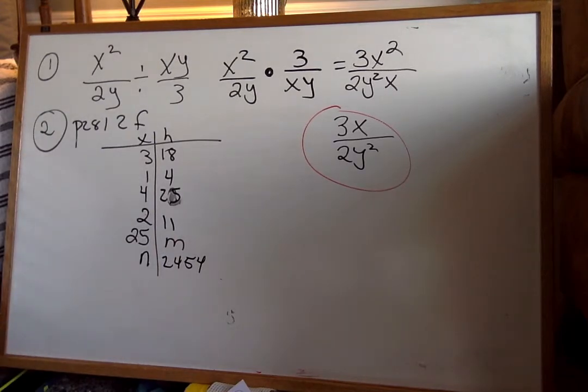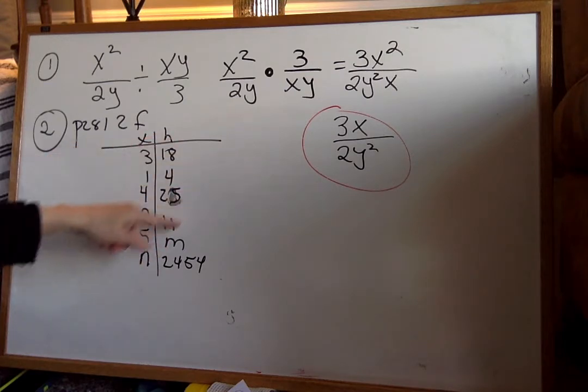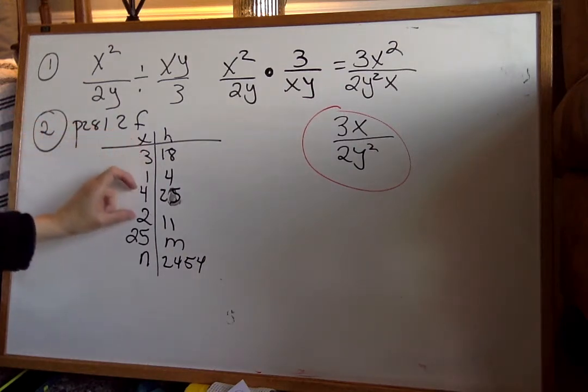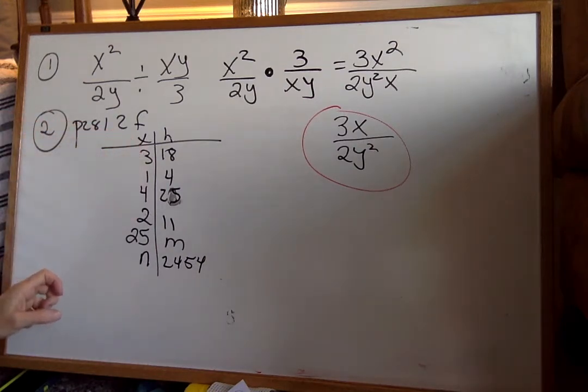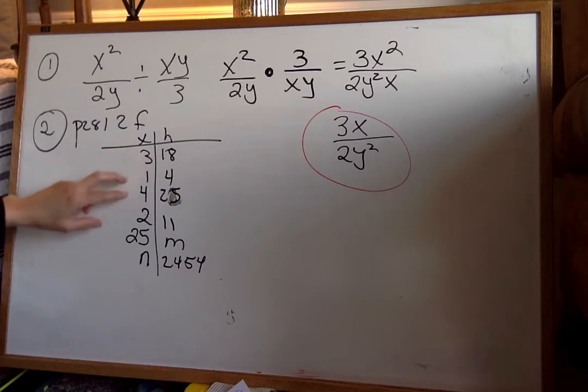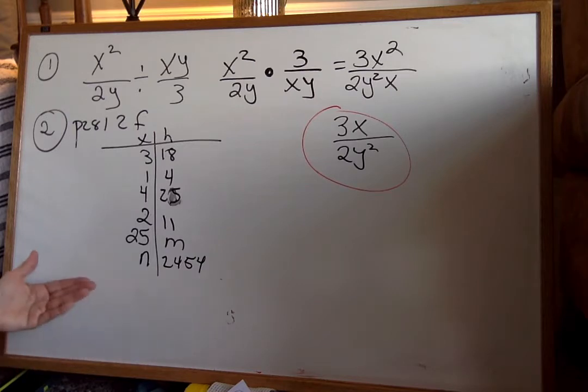I had assigned this, and I think I had said, find the linear equation. So they've given you lots of points here. If you want to make sure it's linear, how would you even check that something's linear? Take 2 different pairs of points and make sure you get the same slope. So let me say that again. If you want to check to see if a data set is linear, calculate the slope there. Calculate the slope there. If you get the same number, you have a line.